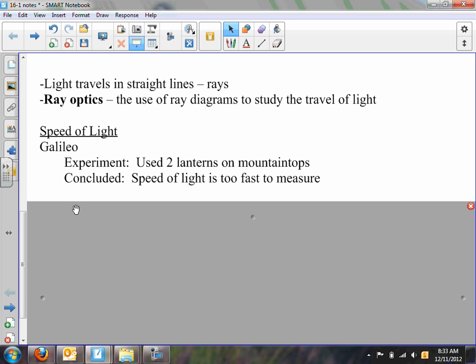We're miles and miles away, and you can imagine back when Galileo did this experiment, the technology wasn't so great. As soon as I opened my lantern at the specified time, pretty much instantaneously the guy on the other mountain would see it. So the only conclusion they came up with was that the speed of light is too fast to measure.